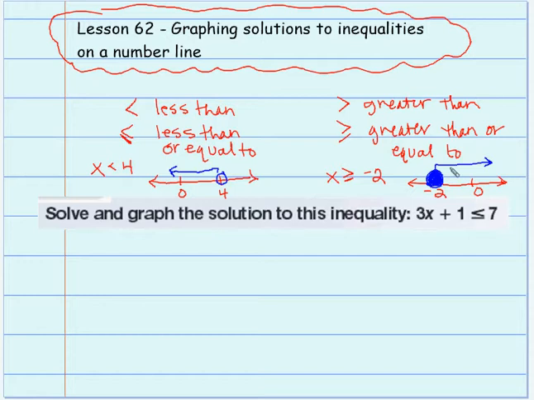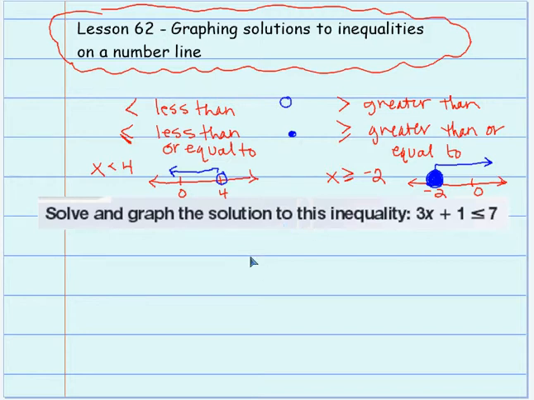Okay, so those are all of the solutions for the inequalities. So you need to know that when it's less than or greater than, you would have an open circle because it cannot include the point, and these two, when it says or equal to, would be a solid circle because it does include the point.